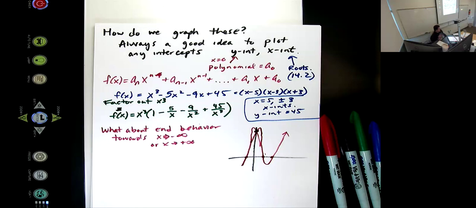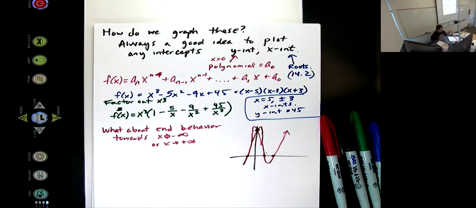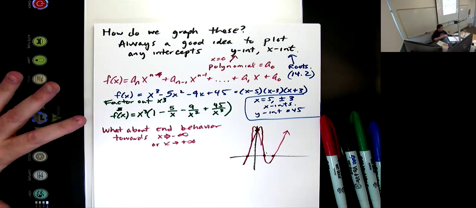To take a guess where the graph is going towards positive infinity, it's gonna go upwards towards positive infinity. That's not what I have sketched here, but just looking at the equations, let's motivate this here.